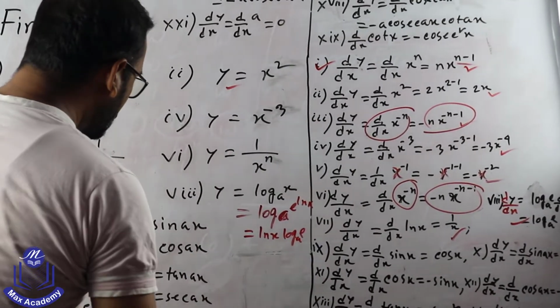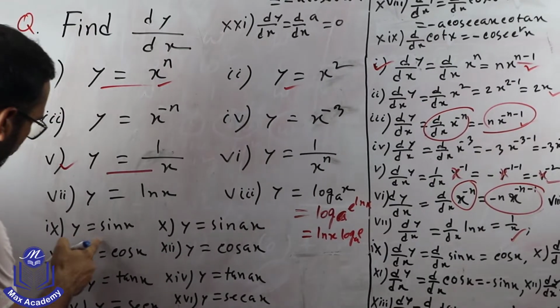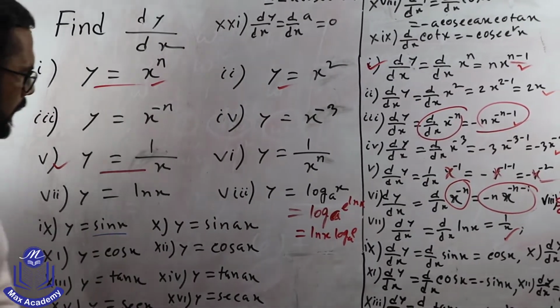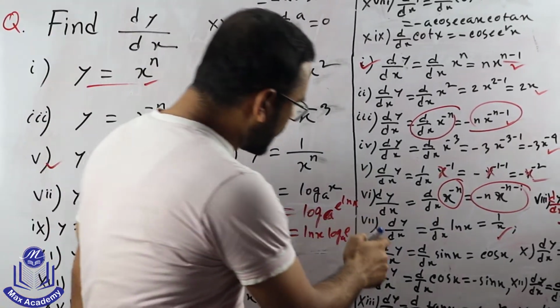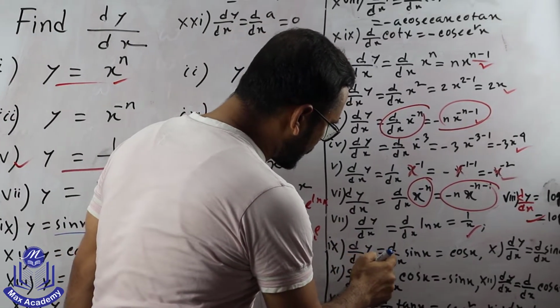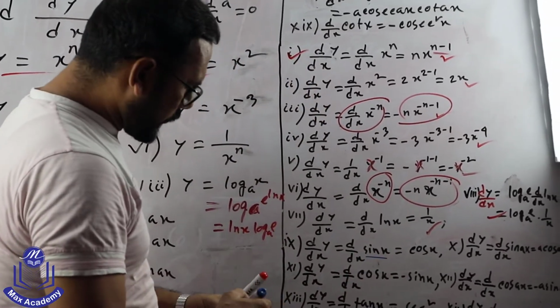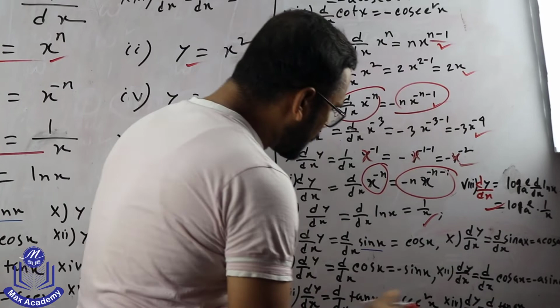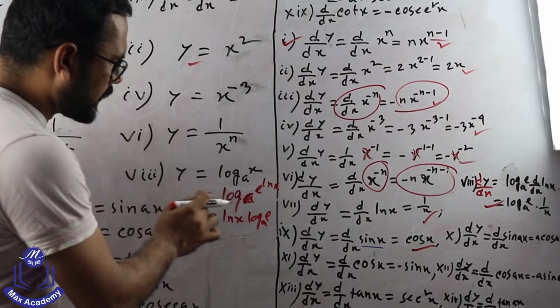Now question number 9. Here the question is y equals sin x. So we need to differentiate sin x. We have taken dy/dx equals d/dx of sin x. After differentiating sin x, we get cos x. Now the question is y equals sin ax.